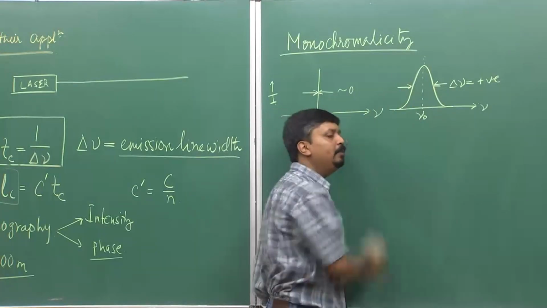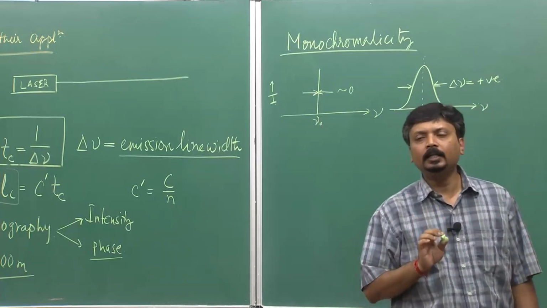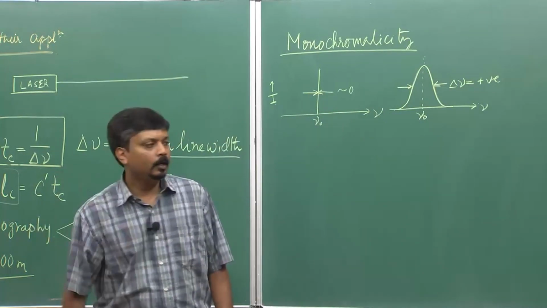This line width can be fairly narrow, so that we can say this is monochromatic. Nevertheless, it is not a single line, but there is a width.